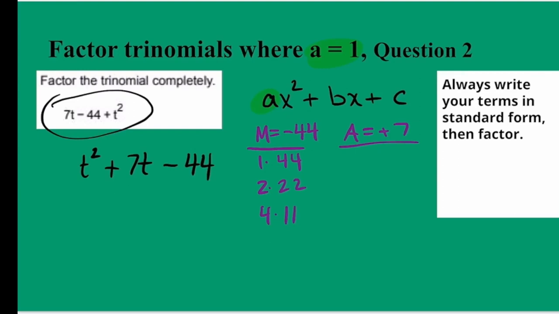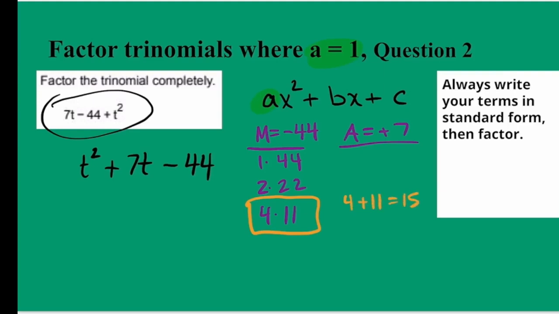So here's what I would suggest. Each of these you add or subtract depending on the signs. So I know right now, I'm just going to jump to it, that 4 and 11, if I do 4 plus 11, it's going to give me 15. It's not going to work.